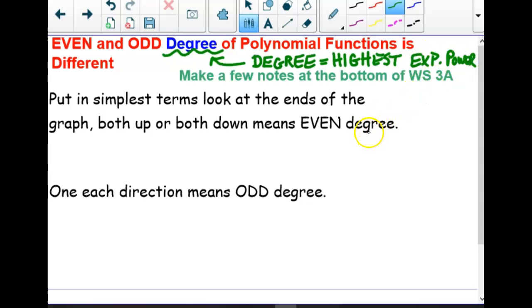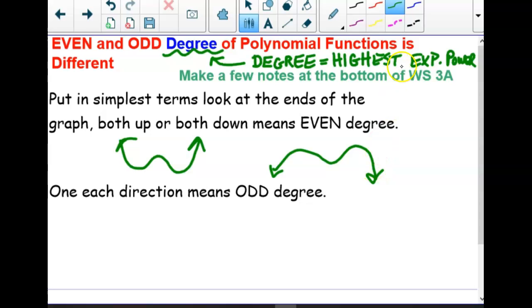The degree is the highest exponent power. If you have an even degree as your highest exponent power, both ends of a graph will either go up or both ends will go down. No matter how many times it turns in the middle, both ends will go up or will go down. This has nothing to do with symmetry.